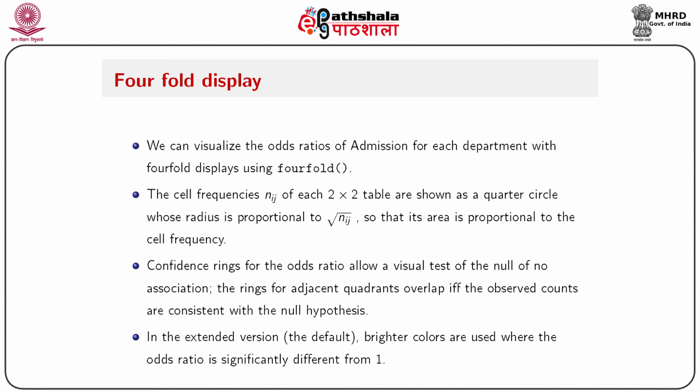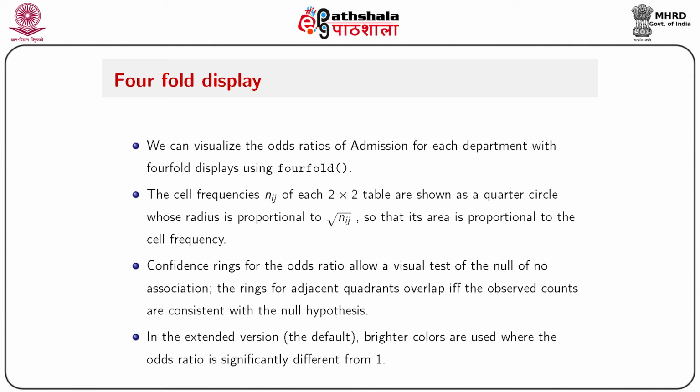Confidence rings for the odds ratio allow a visual test of the null of no association. The rings for adjacent quadrants overlap if and only if the observed counts are consistent with the null hypothesis. In the extended version, brighter colors are used when the odds ratio is significantly different from 1.